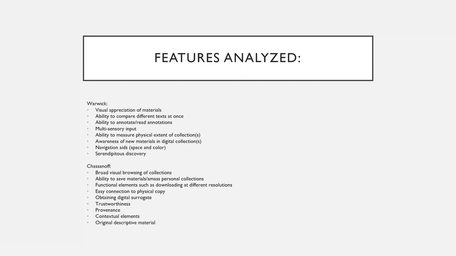So we'll look at some from the Warwick article from this week and last week, and we'll look at the Chasanoff article from our information seeking behavior lecture, and again, just talk about how well the AHC manifests these different features.